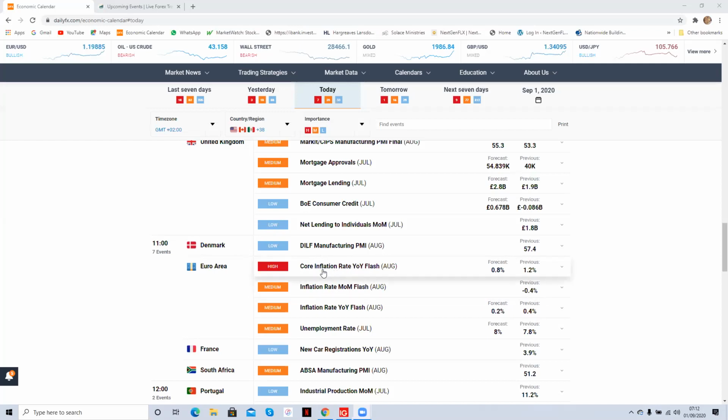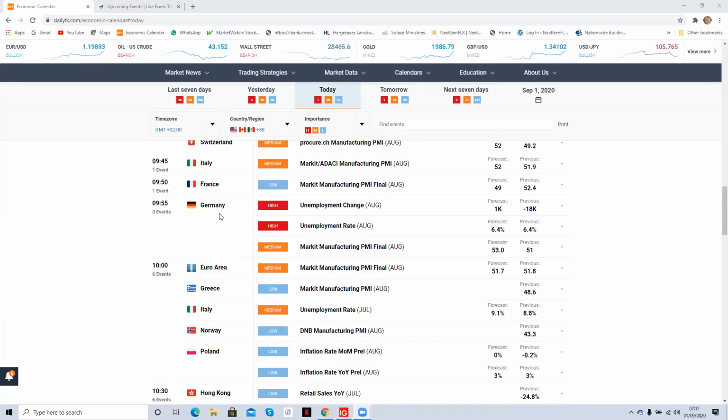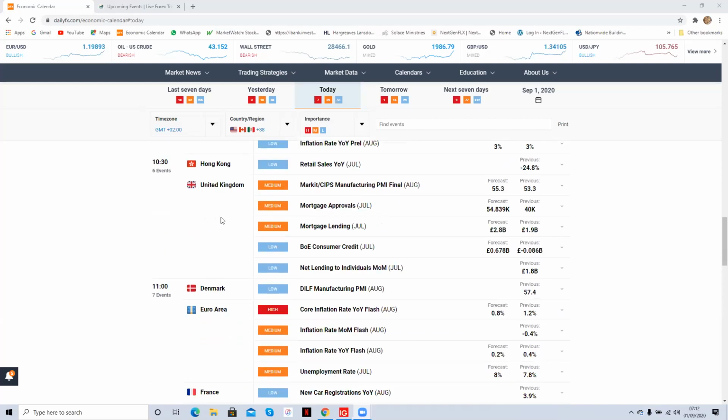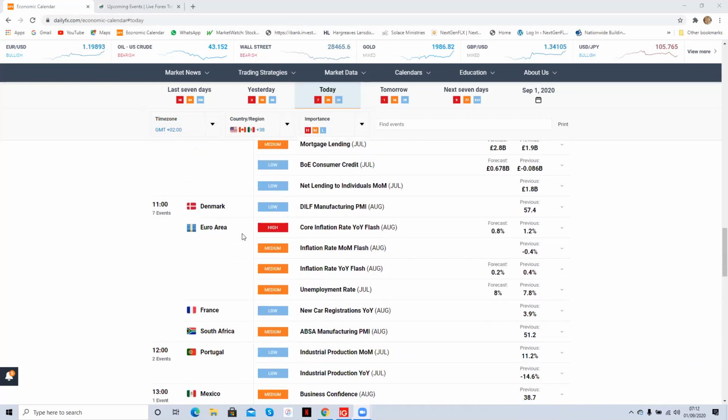So you can see we now have inflation rate out of the euro area, which will certainly impact the euro and the US dollar. So that's due out at 11 a.m. Again, GMT +2 times. These are Rwandan times. So we've got two reports of high importance coming out so far. The first one at 9:55, German unemployment rate. And the next one at 11, the euro area core inflation rate.